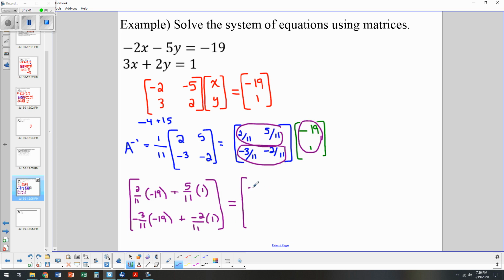This becomes negative 38 over 11 plus 5 over 11. This is going to become 57 over 11 minus 2 over 11.